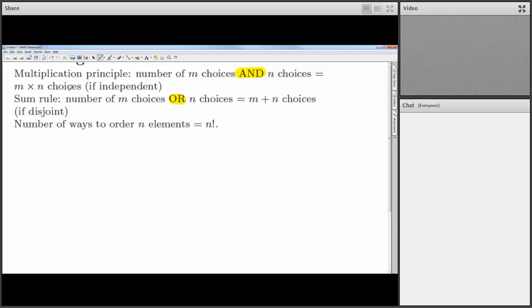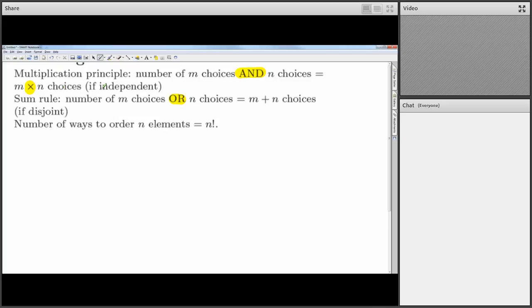If you want to make M choices over here and N choices over here, and do both at the same time, choice 1 and choice 2, then normally you just do multiplication. That's a special case, only possible if the two choices don't impact on one another, so they're independent of each other in a statistical sense.